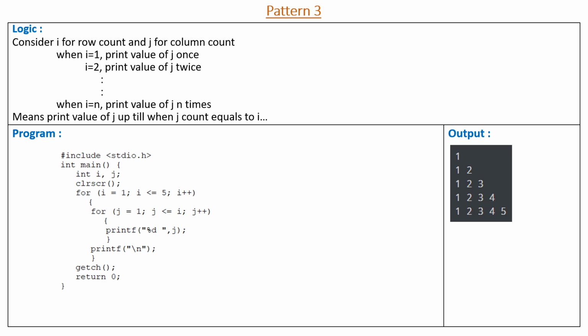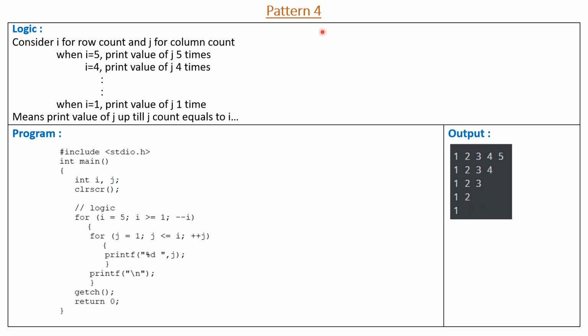Now we go for the next, pattern 4, this one. For the first row we need 5 digits, the 5 j values. When i equals 5 print the value of j 5 times. Similarly, when i equals 1, print the value of j 1 time. So I have started the first for loop from the value of i equal to 5.